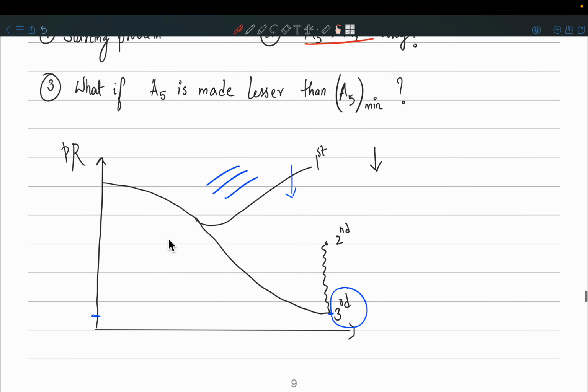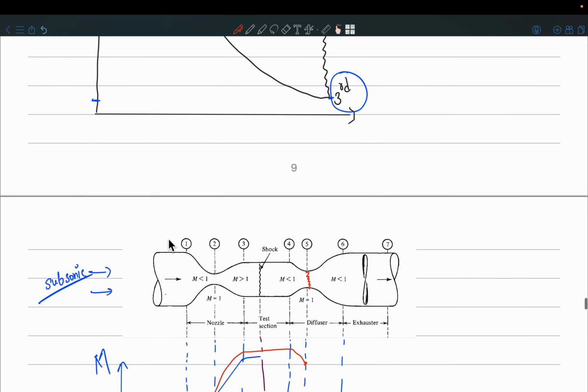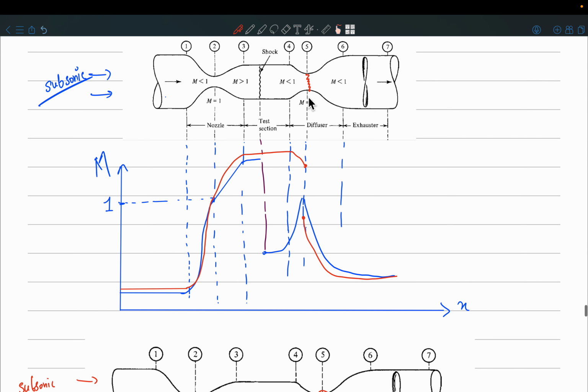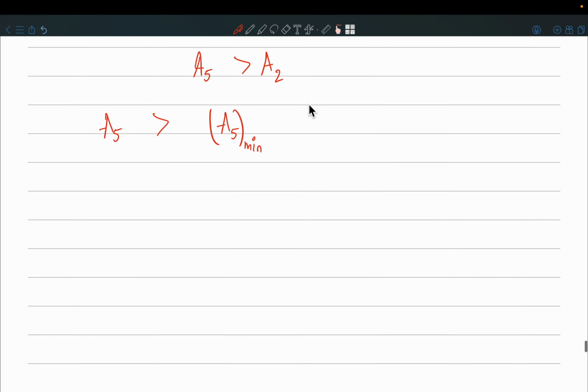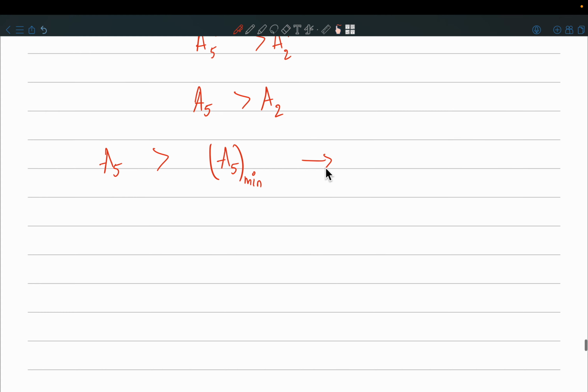Then ideally I wanted Mach equal to 1 over here, I'll get higher Mach numbers. Do you agree? So in this situation I'll get higher M. M will be more than 1 at the diffuser throat.